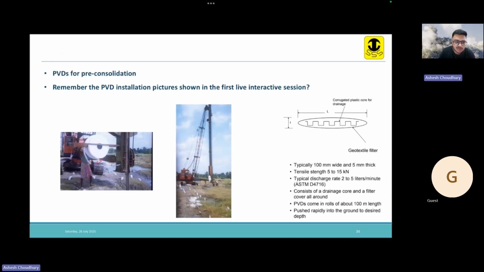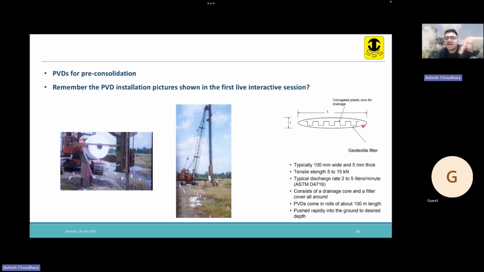Right, now PVD. We used sand drains for accelerated consolidation. For the same purpose, we can also use PVDs for pre-consolidation, for accelerated consolidation. I had shown you PVDs in the first class, this arrangement, the construction site visit picture. The PVDs have a geotextile filter covering outside, that is the white that you see.